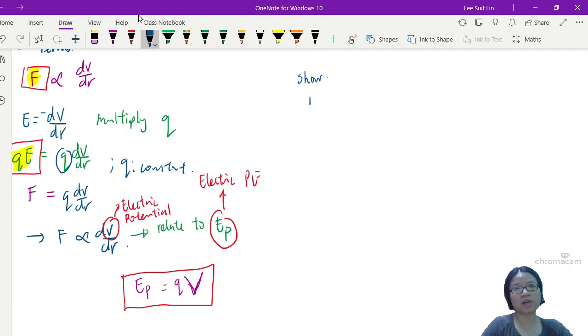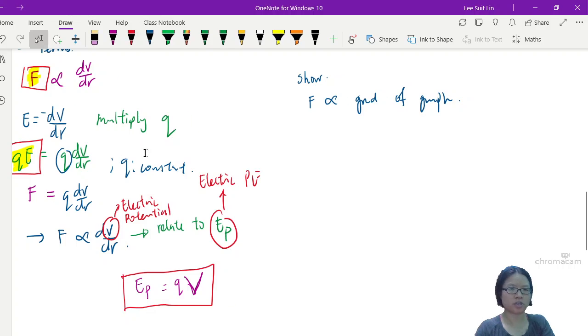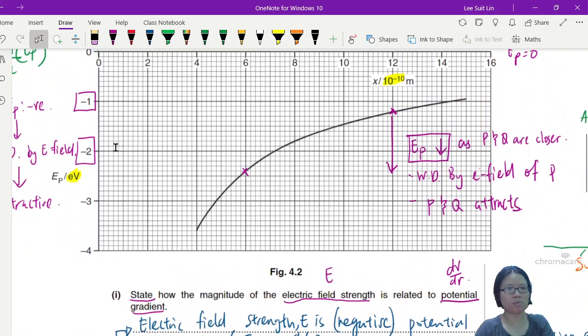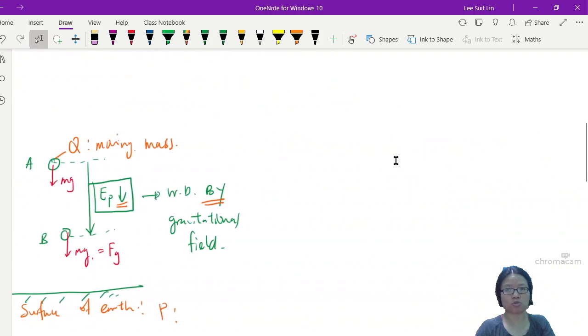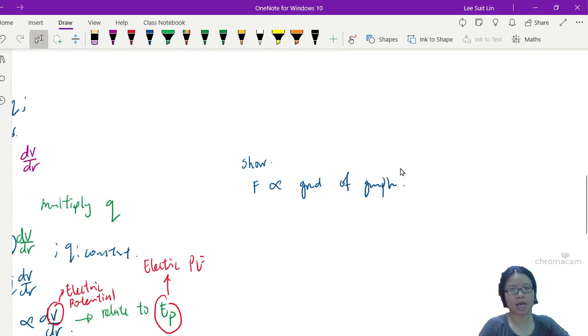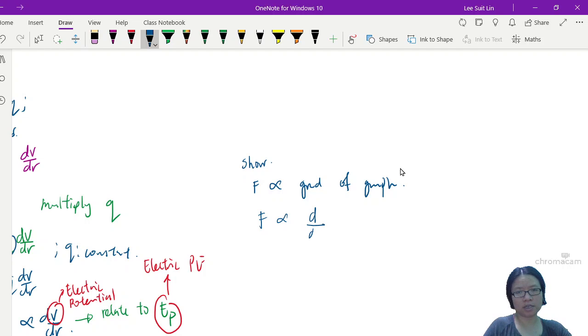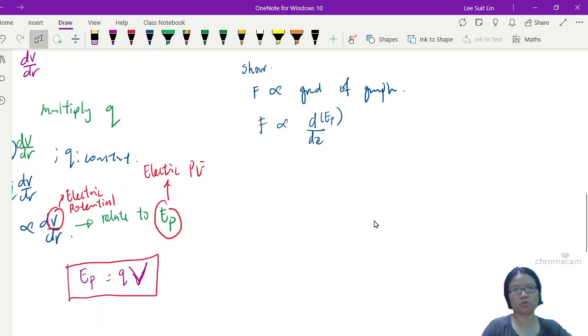Show F is proportional to gradient of the graph. Let's revisit the graph. The graph is potential energy against distance. So it will be F is proportional to dEP dx. And at the same time, you know F is equal to QE.